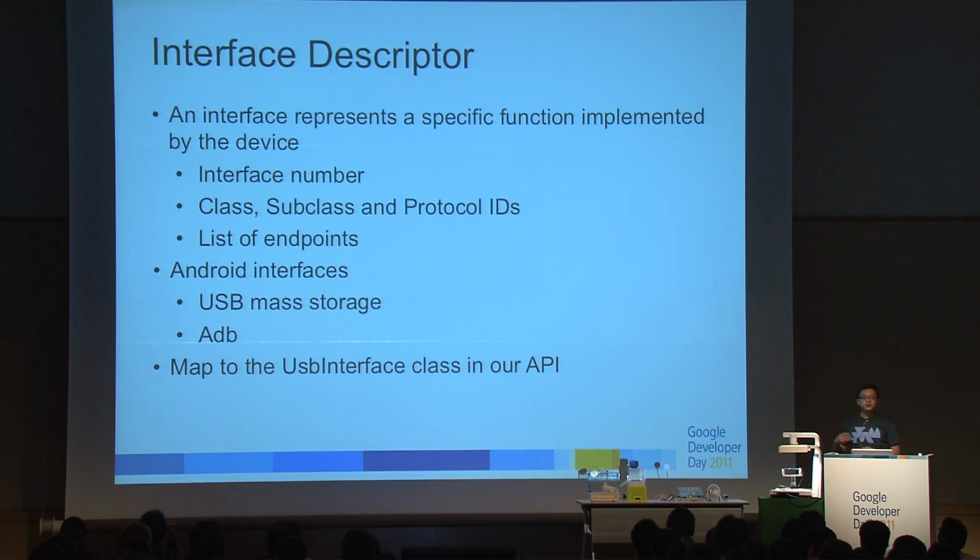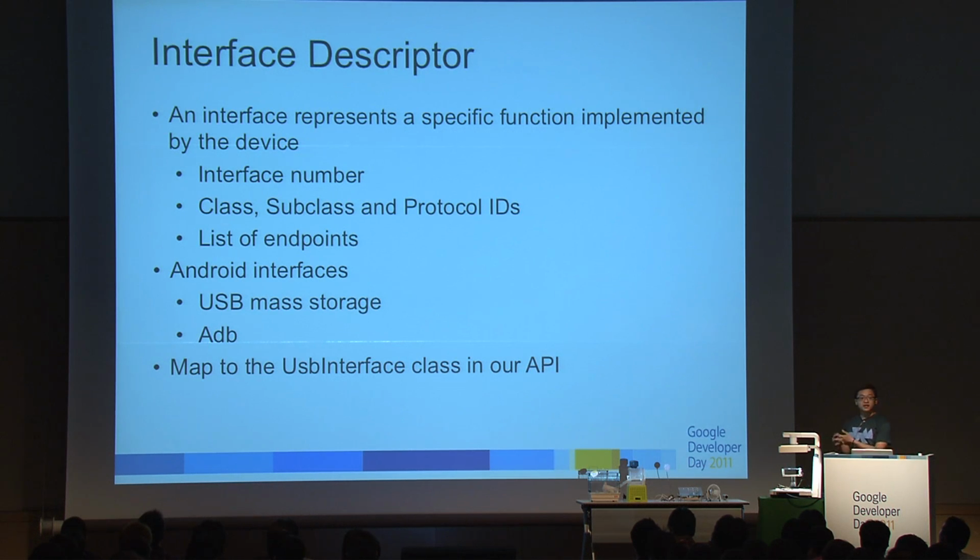So in Android Open Accessory, I can give you two examples of these interfaces. The first one, which a lot of users already use, is USB mass storage. So when you hook up your phone with a USB cable and plug it into your computer, this is the interface you are using.